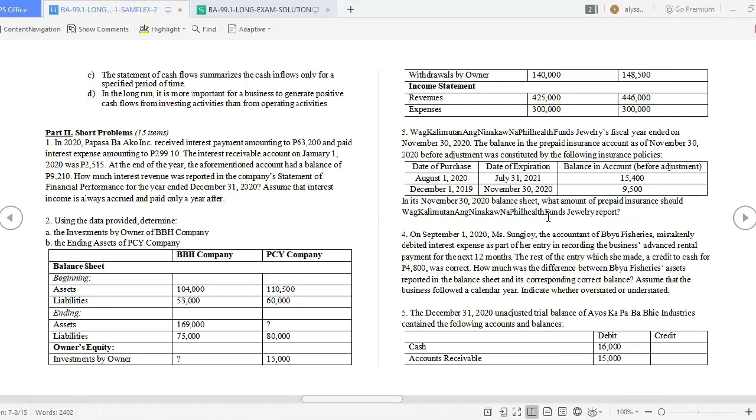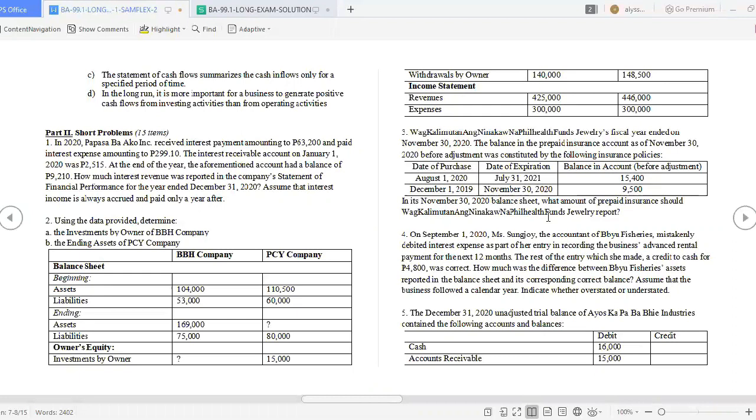Okay, so to get this, at the beginning of the year, we have this balance. At the end of the fiscal year, we already consumed those prepaid insurance. So from prepaid insurance, we record insurance expense.